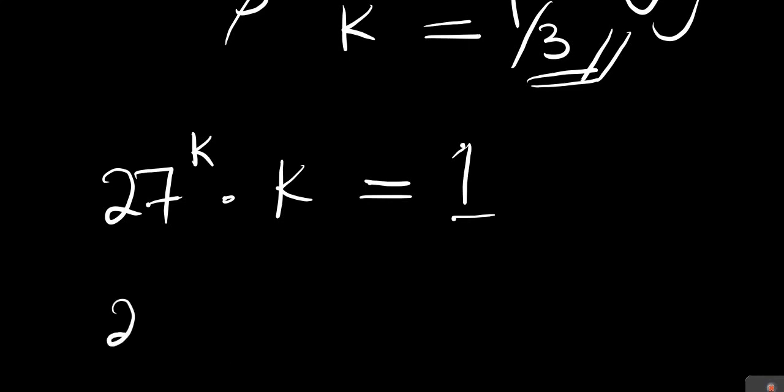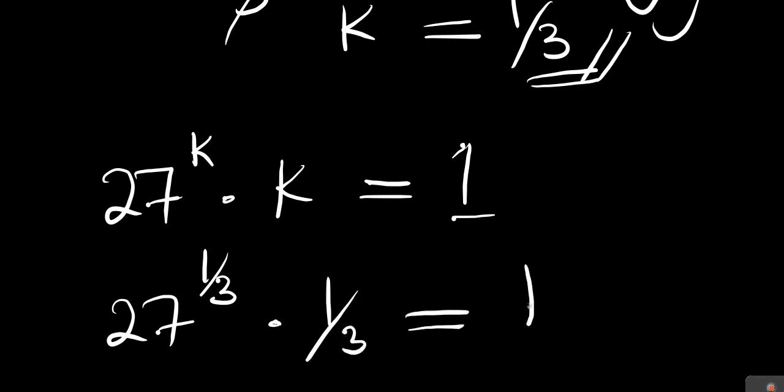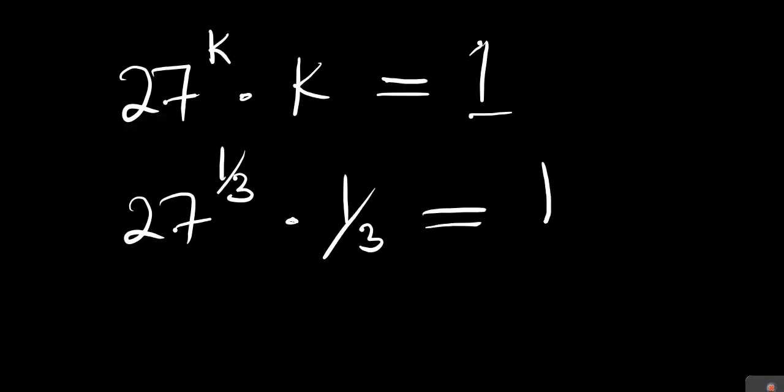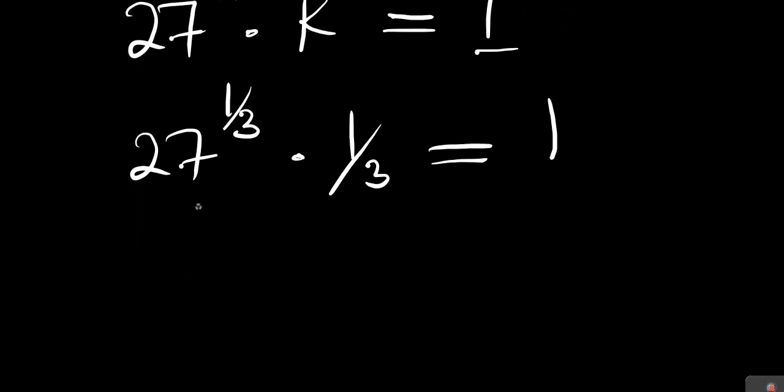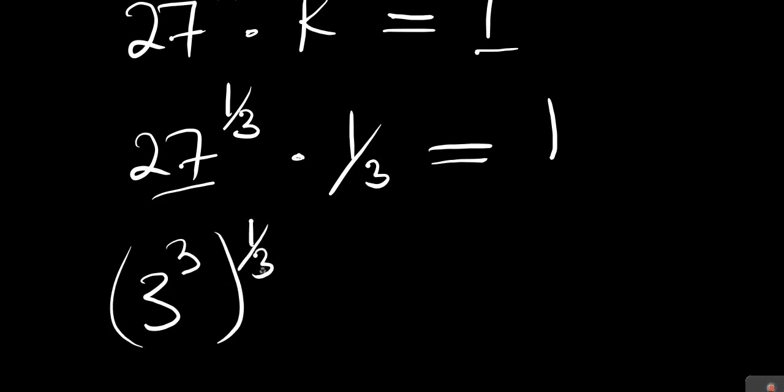That means we are going to have 27 power 1 over 3 times 1 over 3, and this is equal to 1. Now 27 is simply 3 power 3. So we can have 3 power 3, then power 1 over 3, times 1 over 3 is equal to 1.